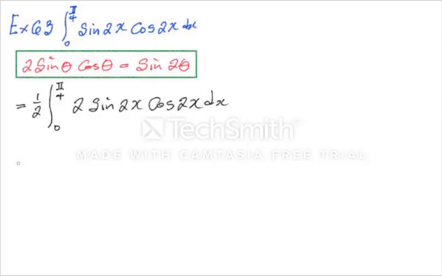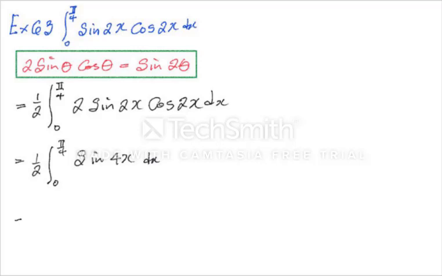All right, so now this becomes a half the integral from 0 to pi by 4 of sine 4x, and this is with respect to x.